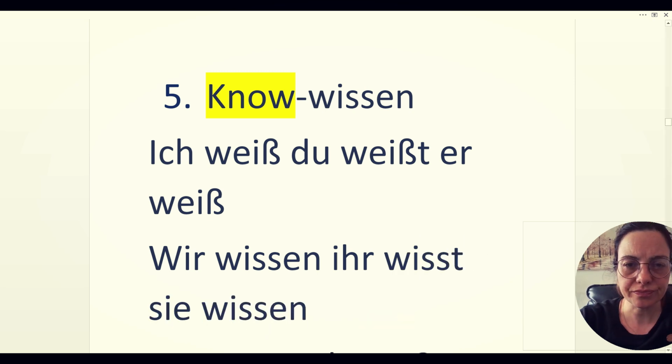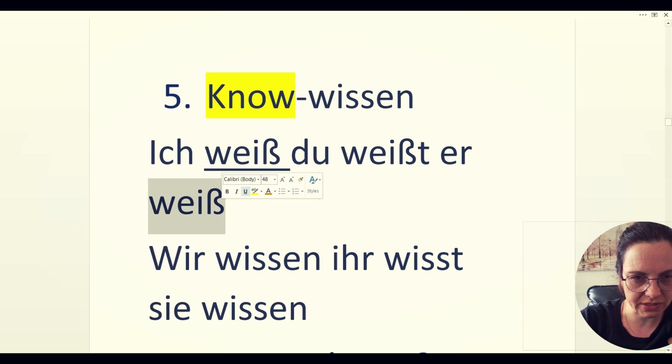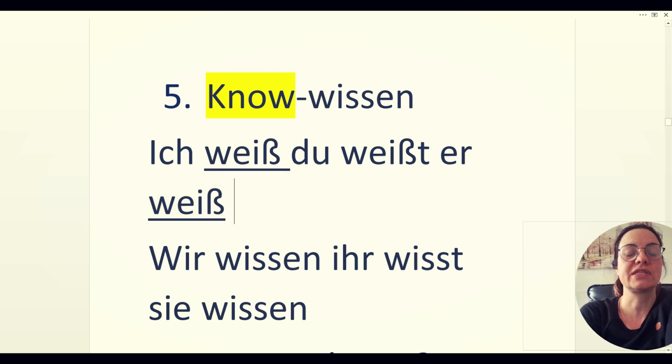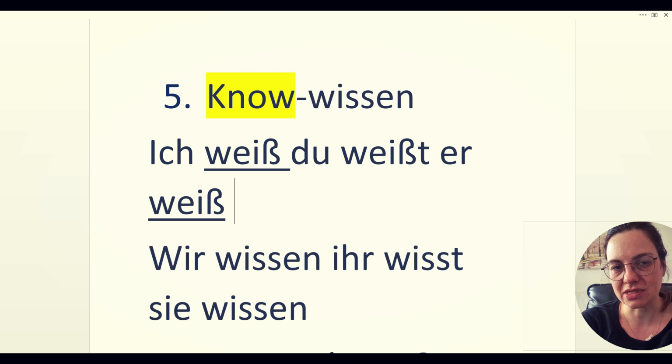But the interesting thing is that the first person singular and third person singular have the same form. So it's not like kaufe, kaufst, kauft. The third person singular doesn't have this t, and the first person doesn't have e at the end. Kaufe, verstehe, bezahle. But ich weiß.